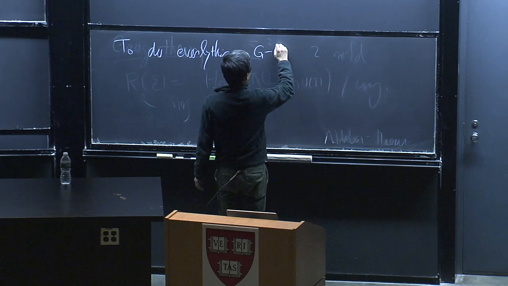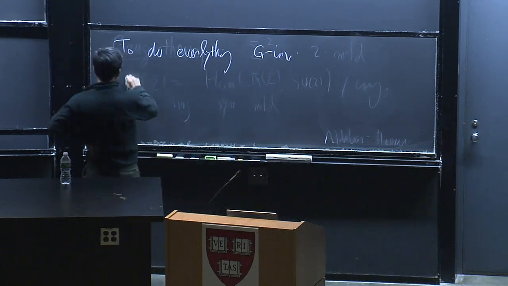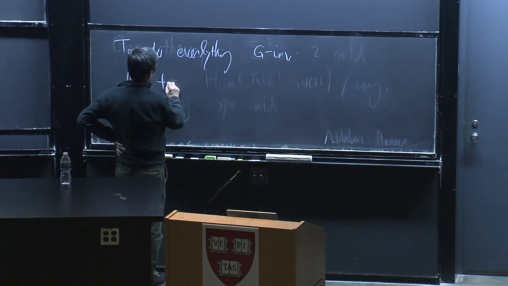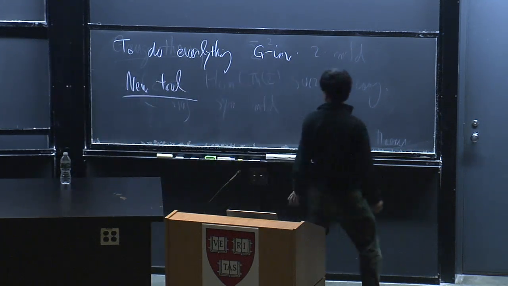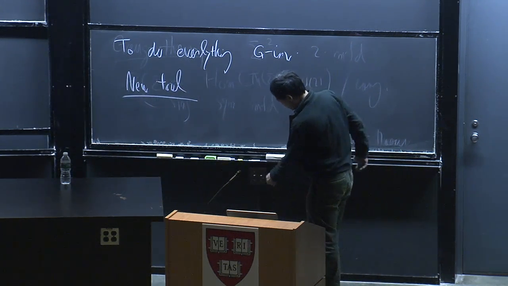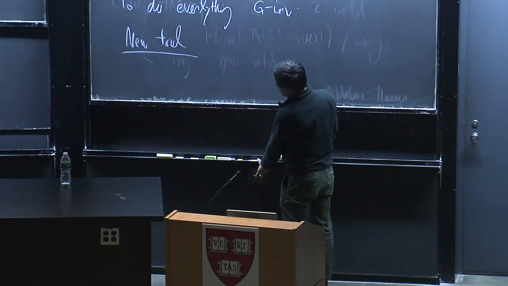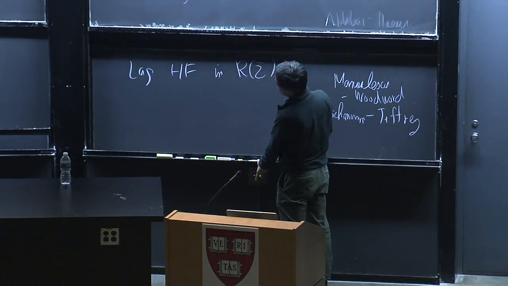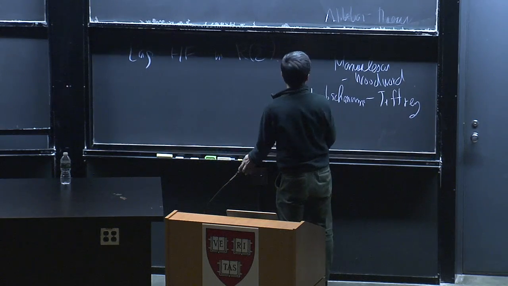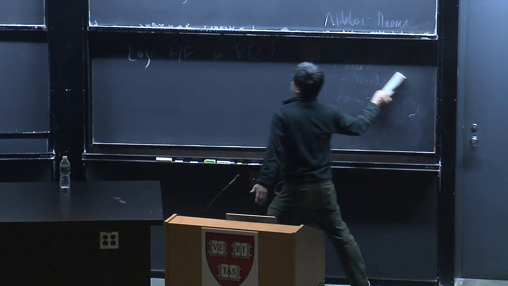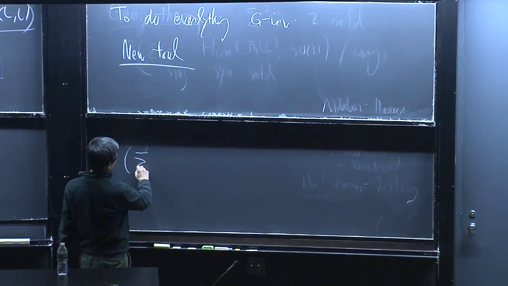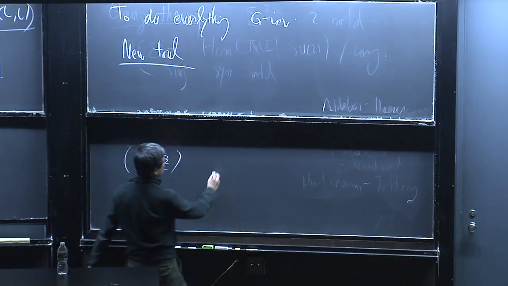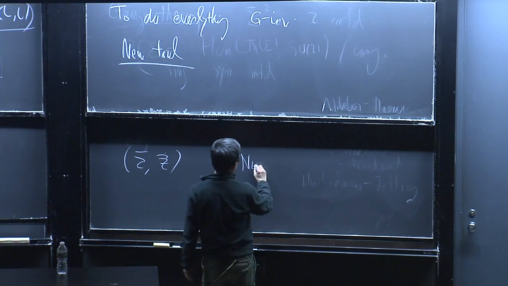I first want to do everything in a G-invariant way, so I want to introduce some new tool. This statement may be of independent interest. I just want to state one particular statement, which I found to prove this main theorem. Let us consider this sigma, z. This sigma is a nodal curve.